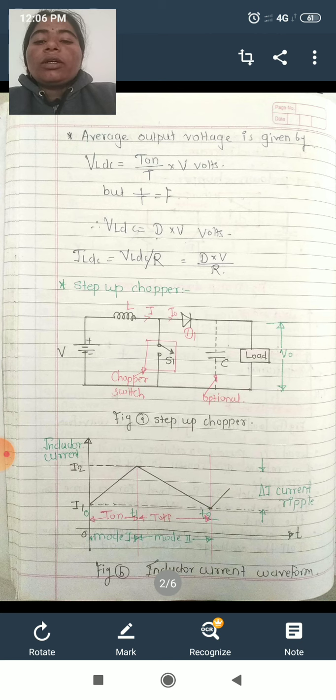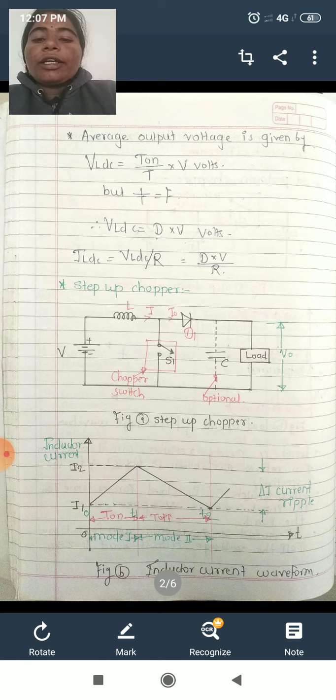Now see the diagram for the step up chopper. Here in figure A, the step up chopper circuit diagram is there, and in figure B, the step up chopper waveforms are there. Now see, the same DC voltage is applied and we have to produce the output voltage, that is the variable DC voltage.